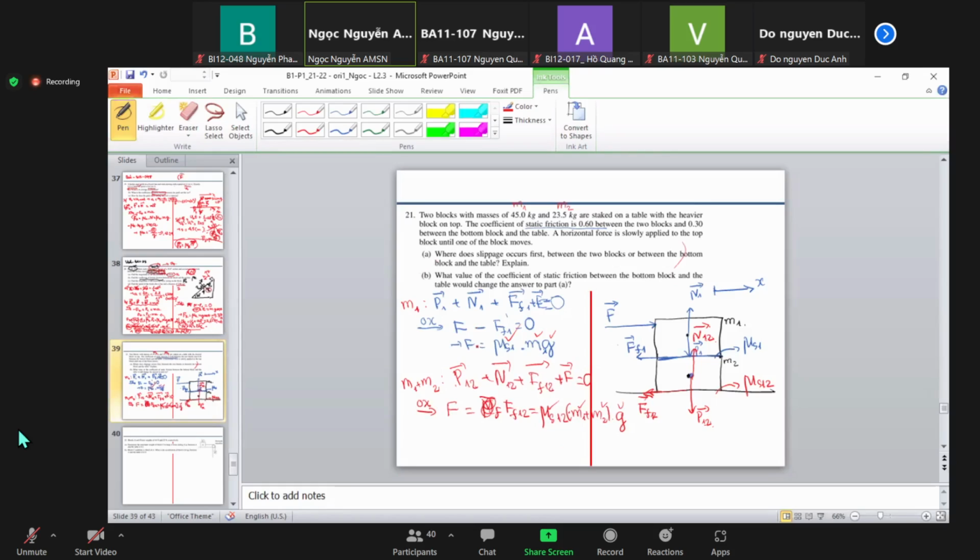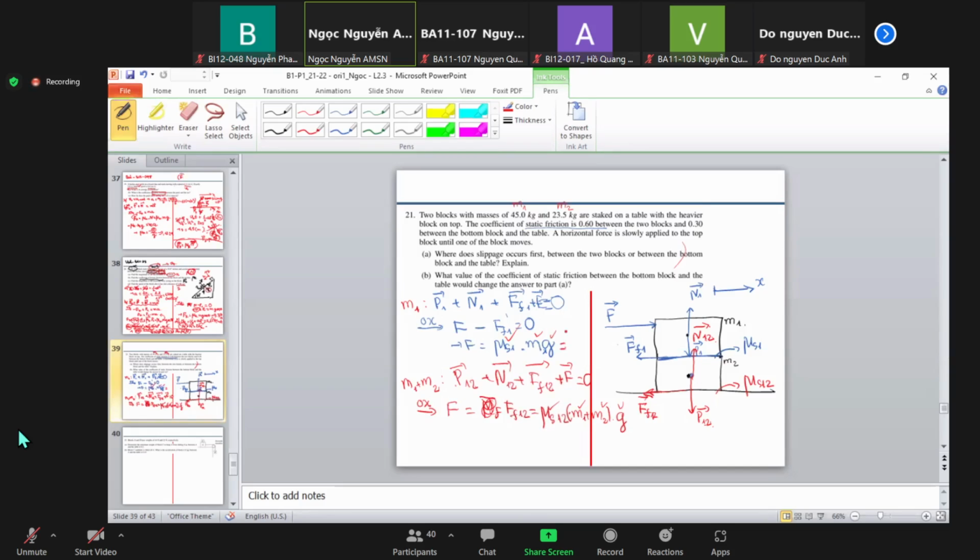I think here I will change a little bit. I call, oh, you don't need to change. Okay. So you will calculate the maximum static friction force here. Okay. And you come to the value.